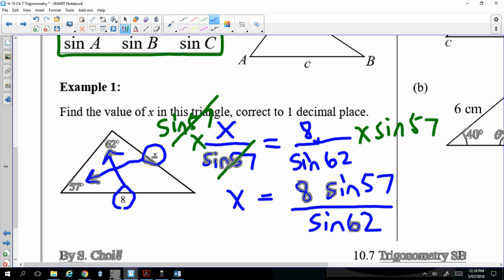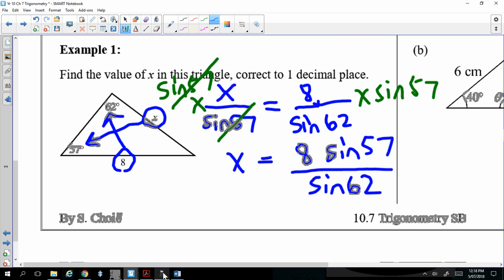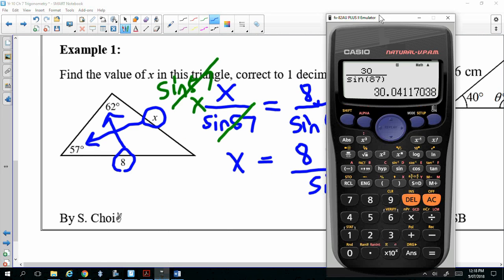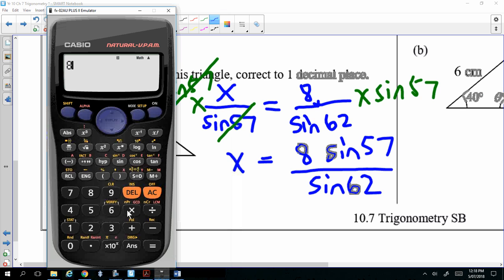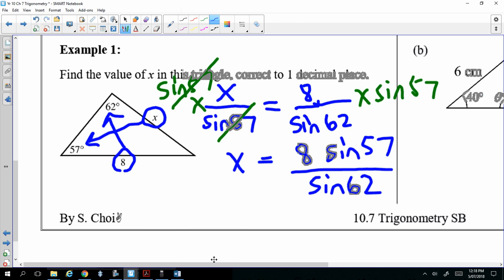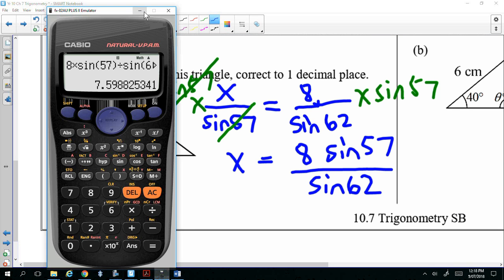Okay. Let's use your calculator. So using your calculator, you will get 8 sine 57 divided by sine 62 equals 7.560, so 7.6 in 1 decimal place.